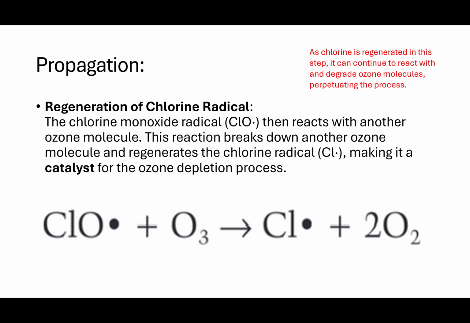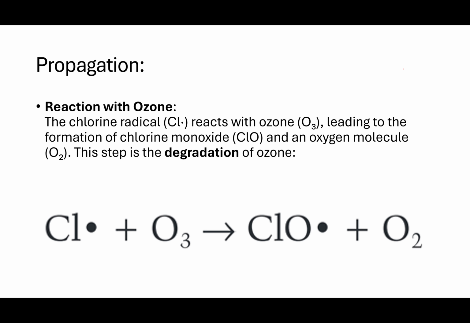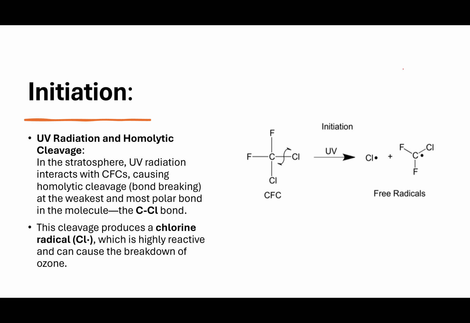Lovely. Taking it step by step. We start off with the chlorofluorocarbon. When the chlorofluorocarbon reaches the stratosphere, we're going to have sufficient UV light interacting with the molecule. The UV light will encourage homolytic cleavage at the weakest and most polar bond in the molecule. Whatever molecule it may be, the chlorine-carbon bond will be the weakest. Breaking at that bond produces a chlorofluoro radical and a chlorine radical. That is initiation.